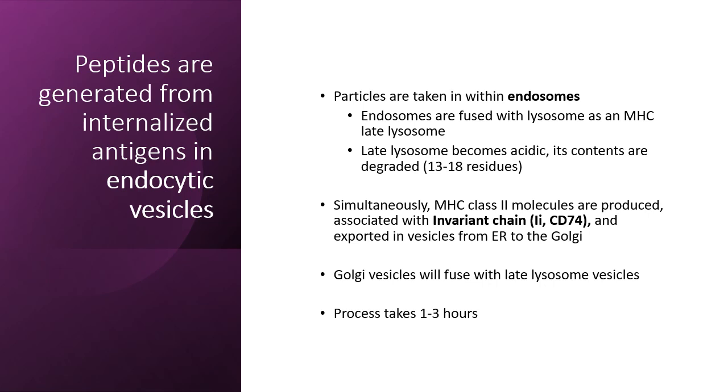You're also going to have temporary placeholders when you're making MHC class 2. That will ultimately get taken care of and replaced with fully functional MHC class 2. But this invariant chain basically sits in where the peptide should go in the normal binding site.